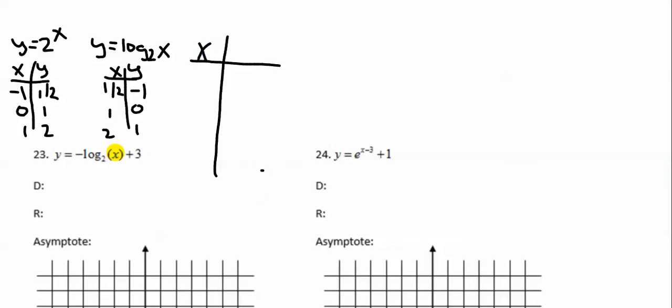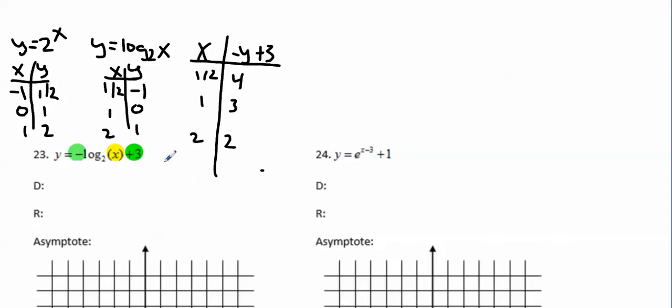Then let's look on the outside for our y value. So outside the function, I have a negative and I have a plus 3. So my y values are going to be transformed to negative y plus 3. So my x values are 1/2, 1, 2, and then let's see, 1 plus 3 is 4, 0 plus 3 is 3, negative 1 plus 3 is 2.